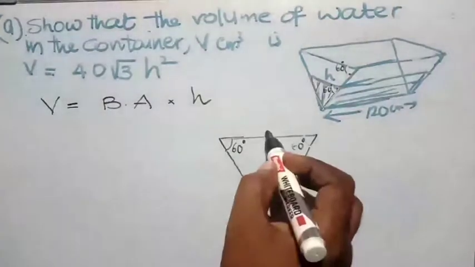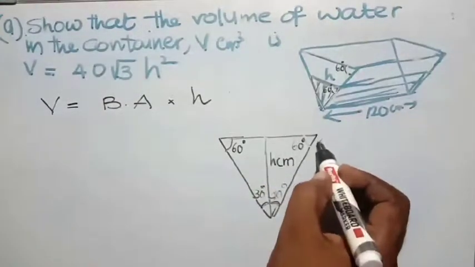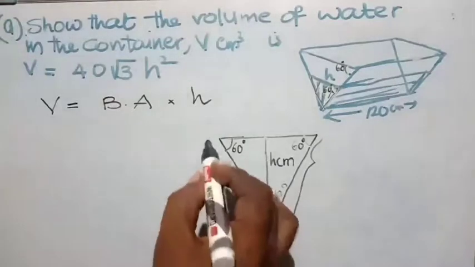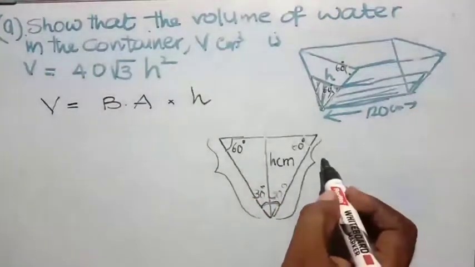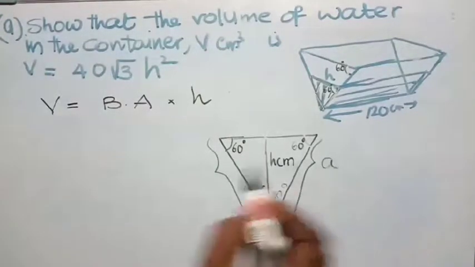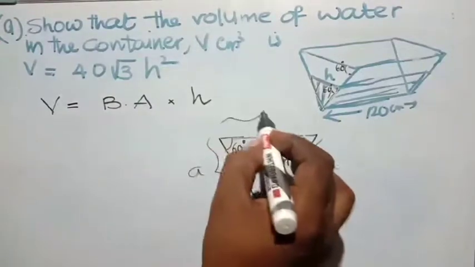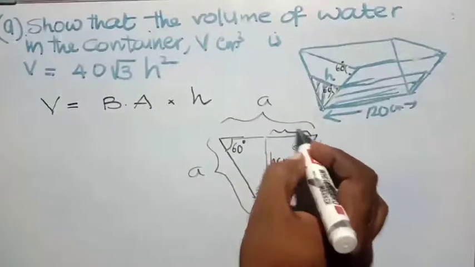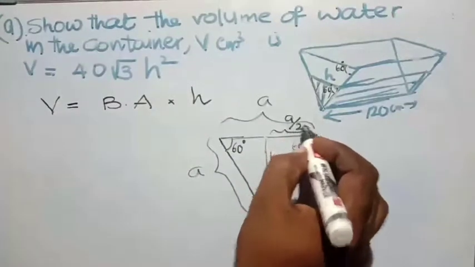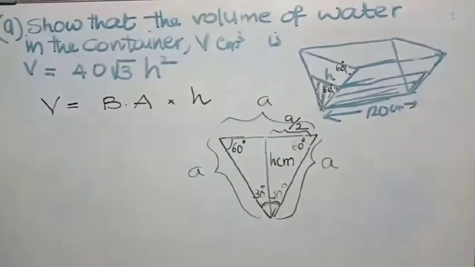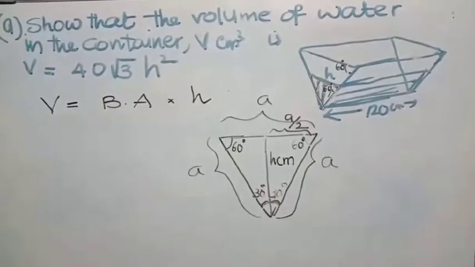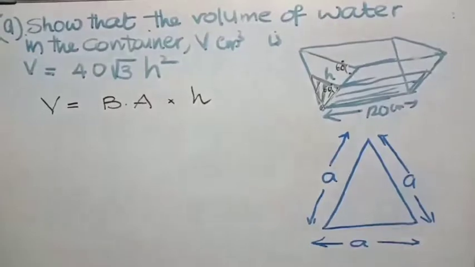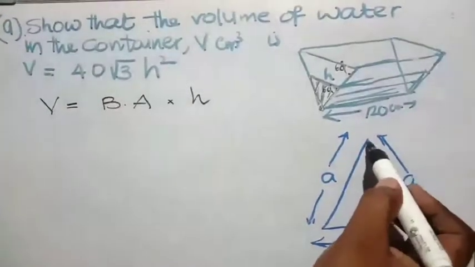And of course, if this length is something, let it be A, then this will be half of A. So in this equilateral triangle, let's draw the height.